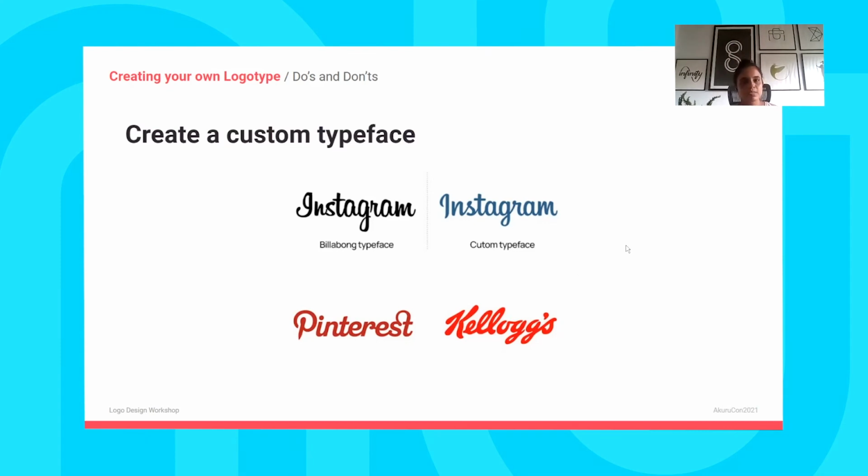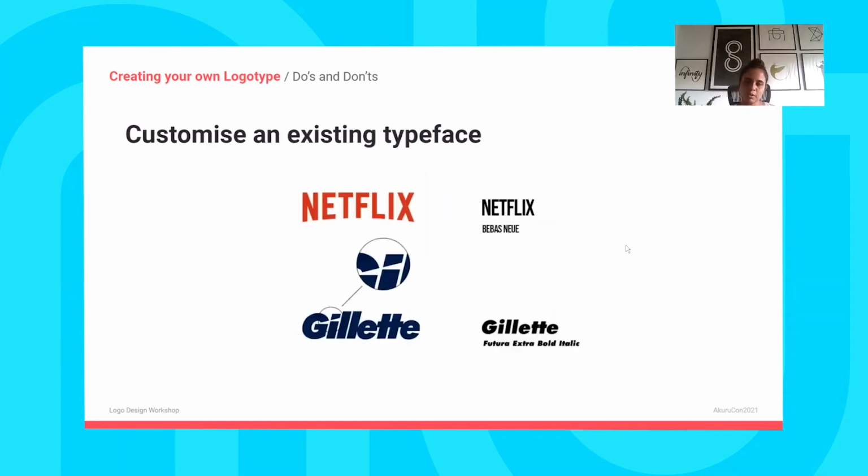And let's say for some reason you're unable to custom design letters from scratch, and you find a typeface that suits the brand's personality, or the client might suggest a typeface.